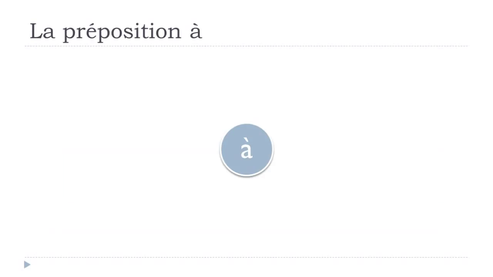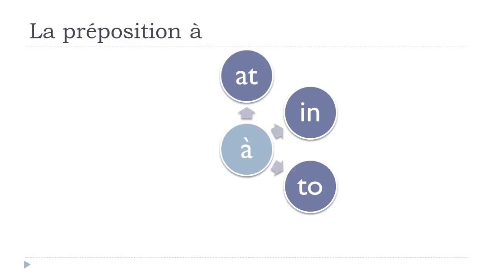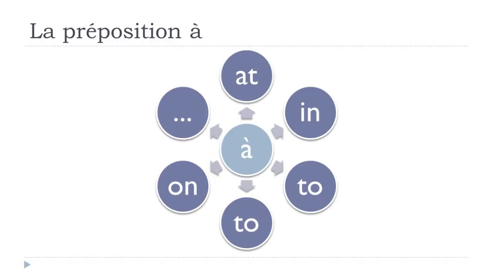Just because à could be translated in English with at, in, to, and then I explain the reason why we've got this second to here, because it will be the from something to something. So that's the main reason why we've got the two tos. And then it could be translated with on, and then other meanings and other uses of this preposition à. Okay, so we'll start with at, if that's okay with you.